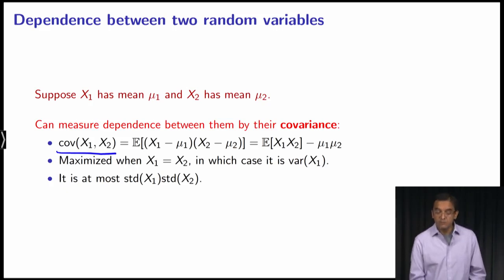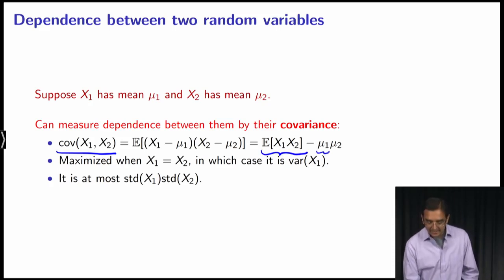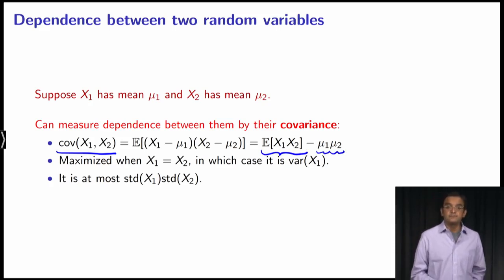It is the difference between the expected value of x1 times x2 and the expected value of x1 times the expected value of x2. When the covariance is positive, it means there's a positive correlation. When the covariance is negative, it means there's a negative correlation, and if it's 0, it means the two variables are uncorrelated.